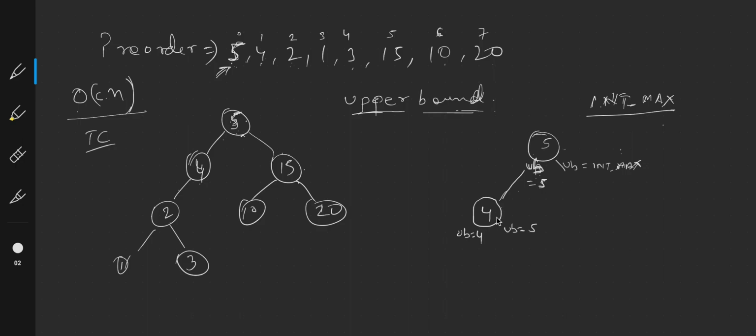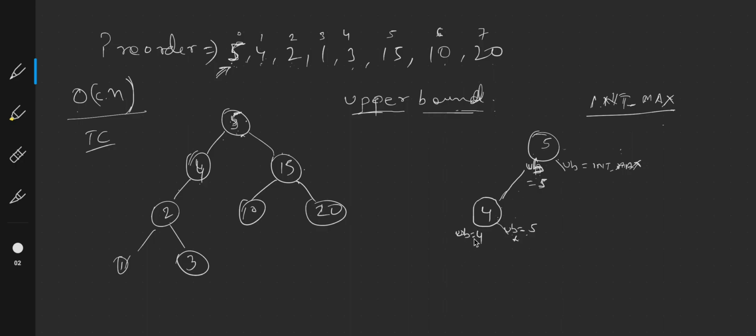Because anything greater than 4 will come to the right child but it should be less than 5, right? Then only that particular element can come here. Understood, right? So that's why the upper bound will be 5 here, which is basically equal to the previous upper bound. So previous we are copying here.